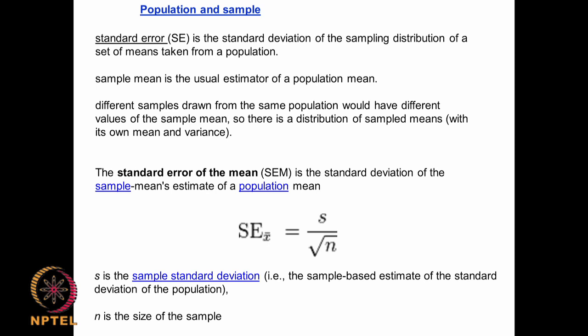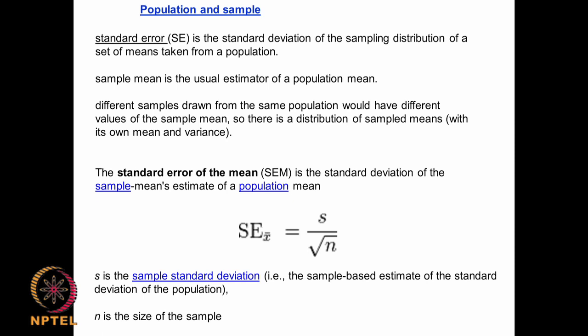Now, these means will be normally distributed, it will have its own mean, that is the mean of all these means, and it will have its own standard deviation. So, I can calculate the standard error of this mean based on the sample standard deviation. S is the sample standard deviation, n is the number of samples you take, and you do a square root and divide.